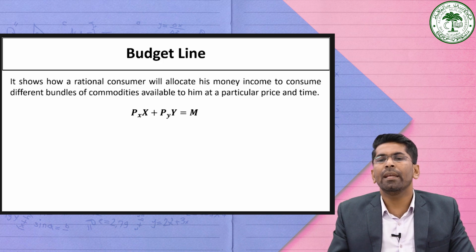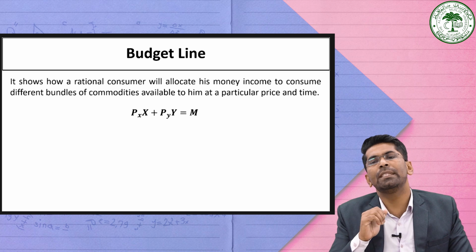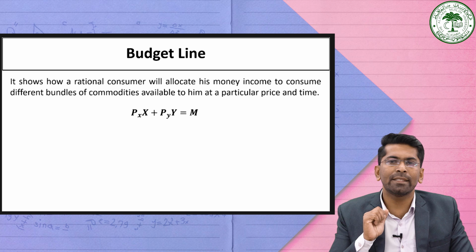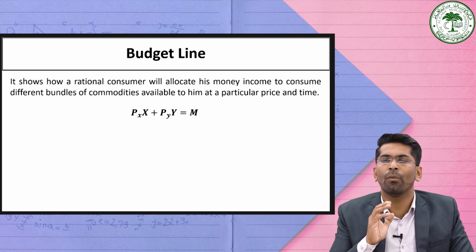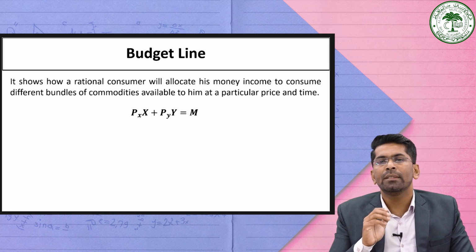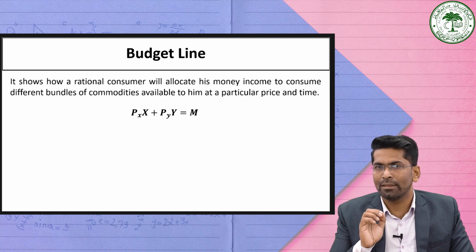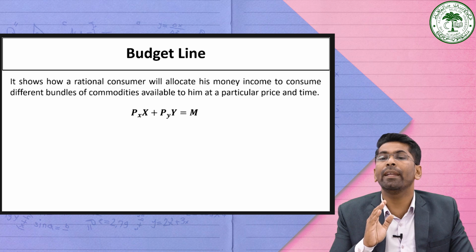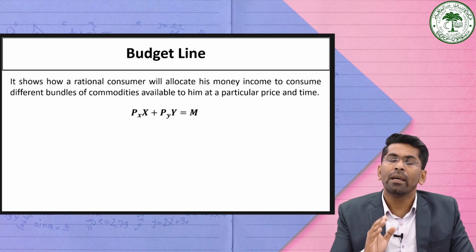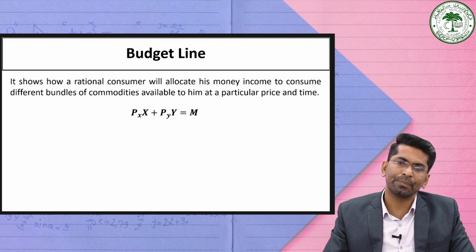So geometrically, we can plot this budget line if we take commodity X on the X-axis and commodity Y on the Y-axis. But it is not an easy task, because we already saw that plotting an equation into a graph requires a proper methodology.